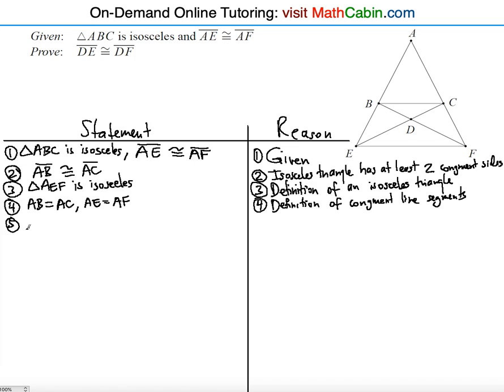Now the next statement is going to be, of course, we're going to use the addition postulate. Notice that AB plus BE is equal to AE. Using the addition postulate. And similarly, this side is going to be AC plus CF is equal to AF, right?